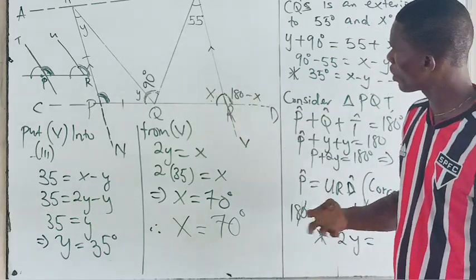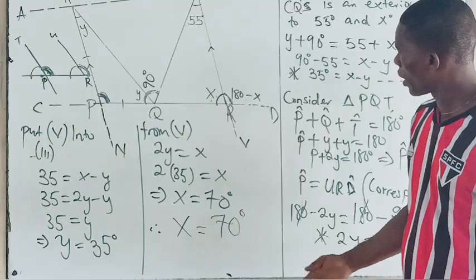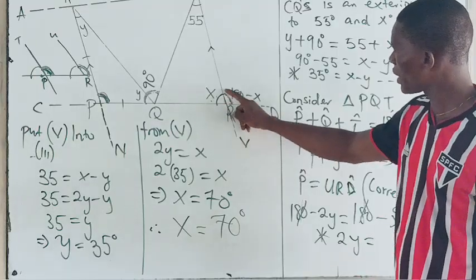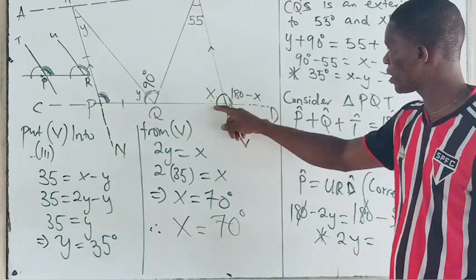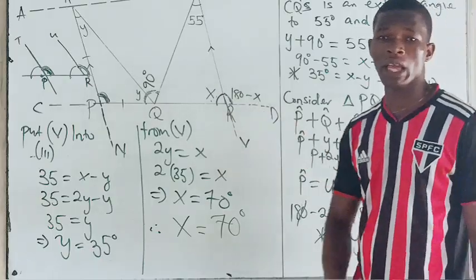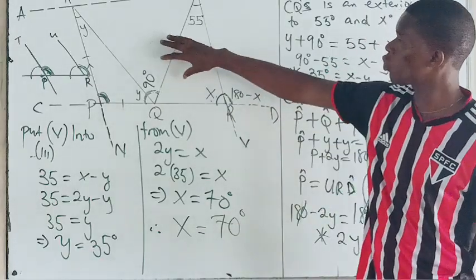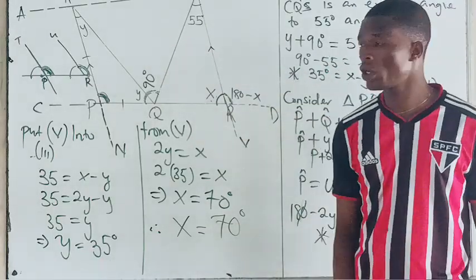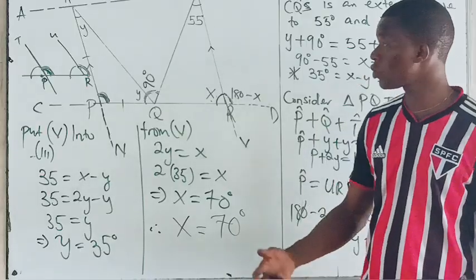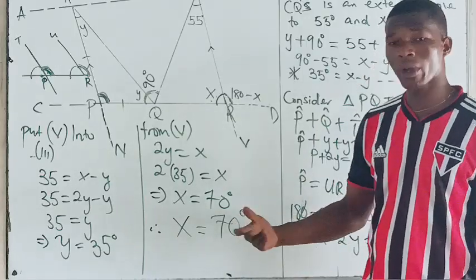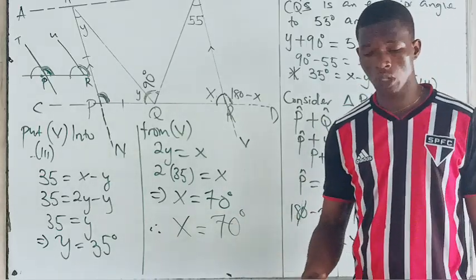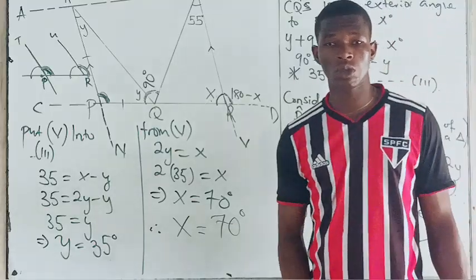That is three rules. What else do we apply? We also apply angle on a straight line here, that is x plus what we have here. So we were able to apply all the four theorems in solving this question, and that has also helped us to see how we can apply these theorems in questions and solve problems on our own.